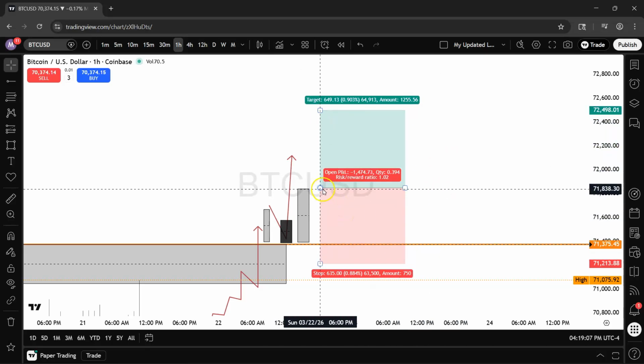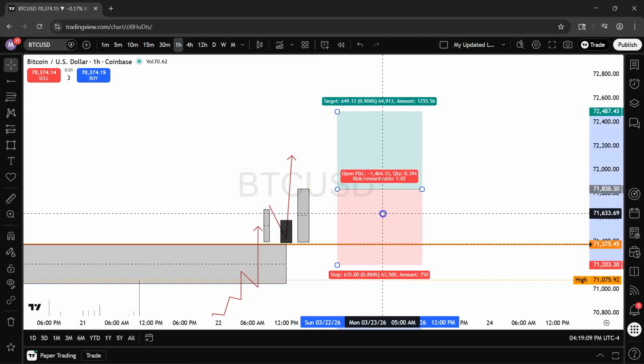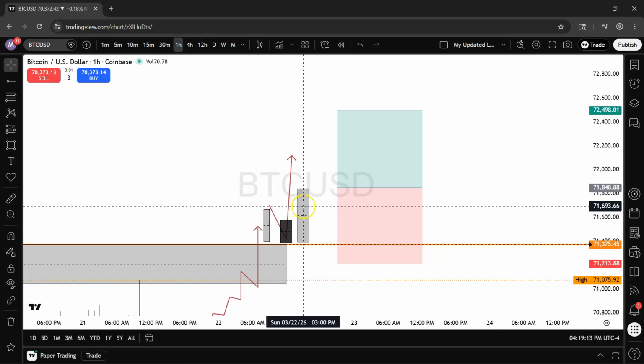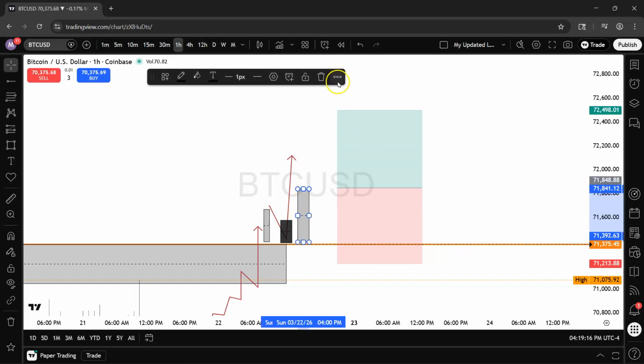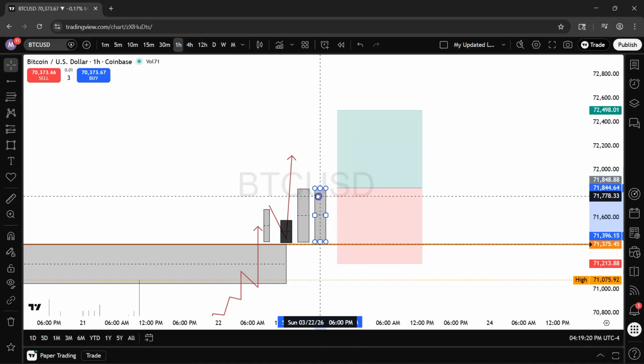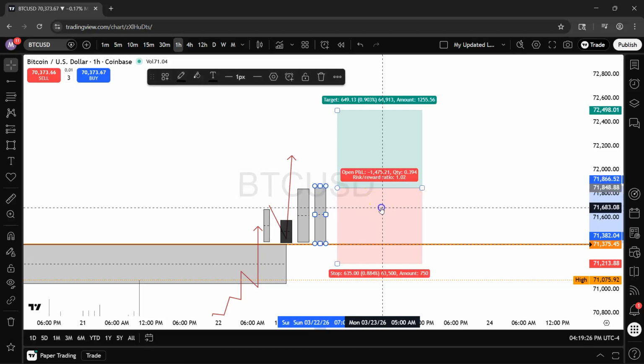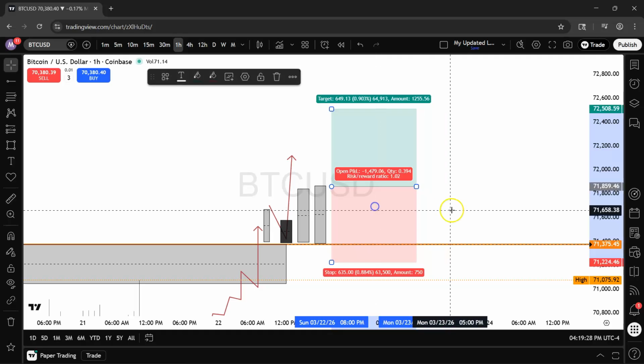Okay, so I'm going to enter on the very next candle, and let's say that next candle, let's clone this, happens to be this candle right here. On the very next candle, I'm entering.